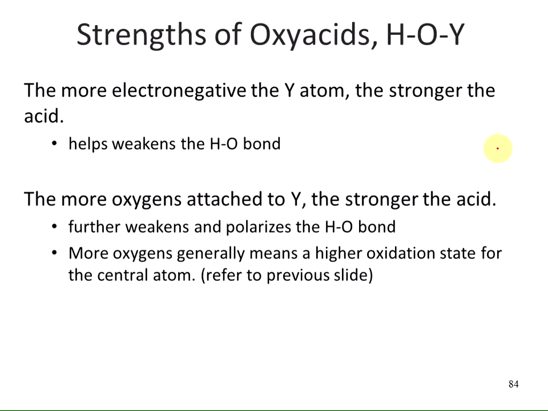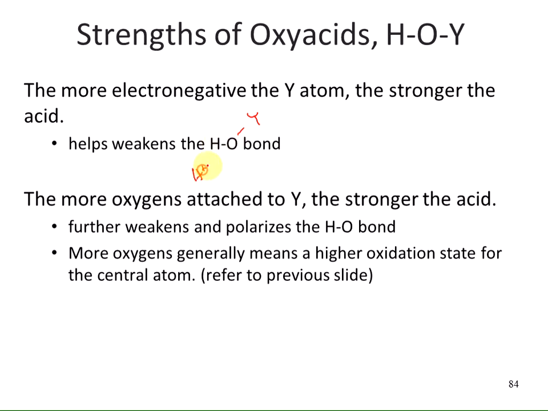If the central atom, let's say we've got Y here, is very electronegative, and it's pulling electron density from the oxygen, which is also very electronegative, there's not much electron density to share with the hydrogen. Hydrogen gets a little miffed and says, fine, I'm leaving, you can have my electron, and it leaves as the H plus, so it makes it more acidic.